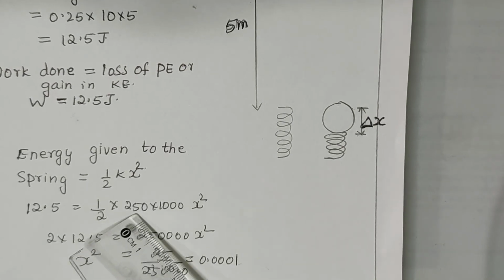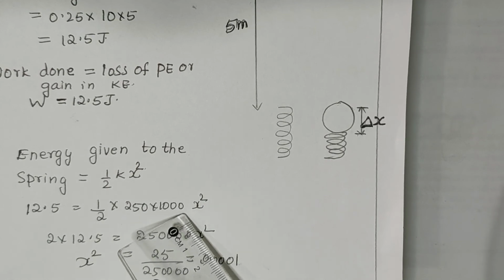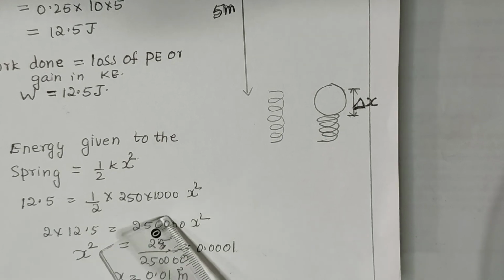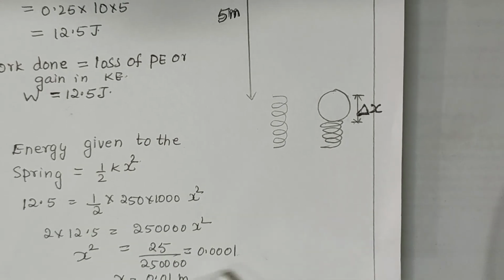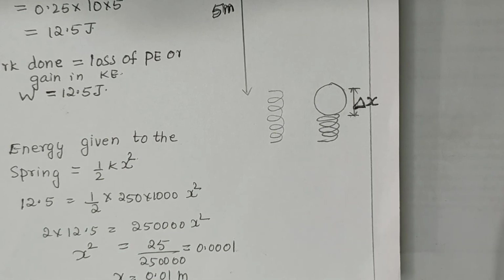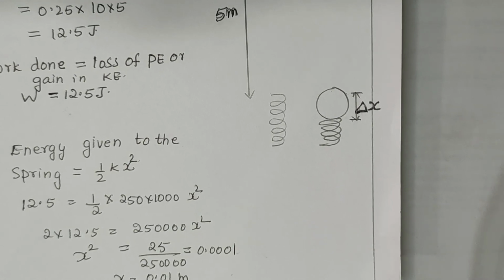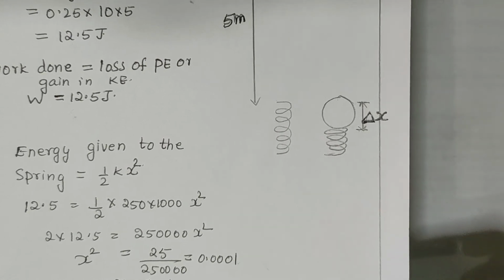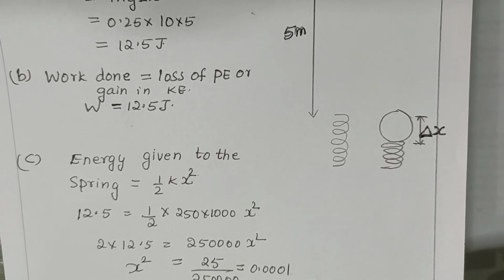So 250 kilonewton is 250 into 1000 newton. On solving, we get 2 into 12.5 is 250,000 x square, and on solving we get x as 0.01 meter.